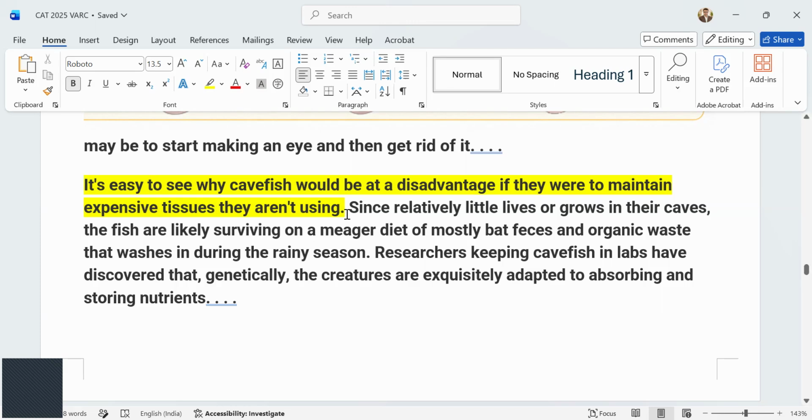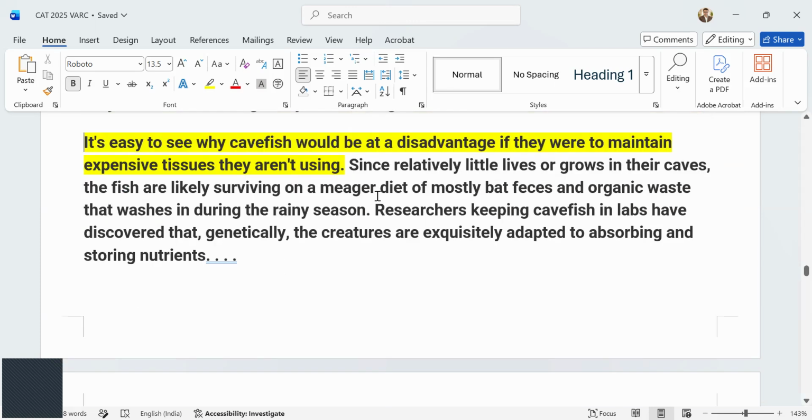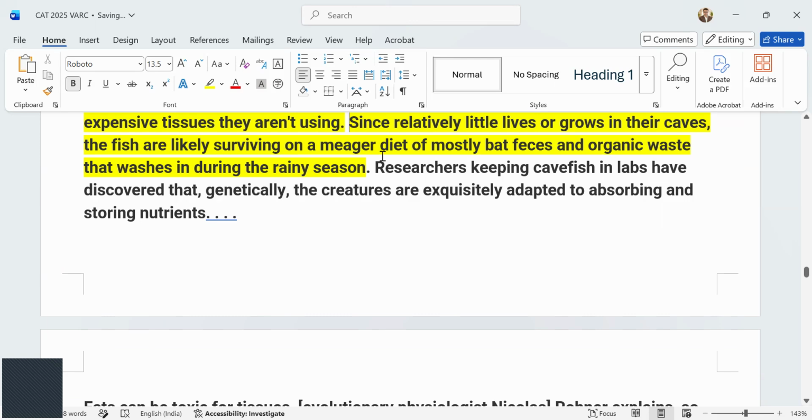This is the explanation. Since relatively little light or life grows in their cave, the fish are likely surviving on a meager diet, mostly bat pieces and organic waste that washes in during the rainy season. Now this is about their diet, so it is meager, very little quantity, seasonal availability of food, and probably lacking nutrition.